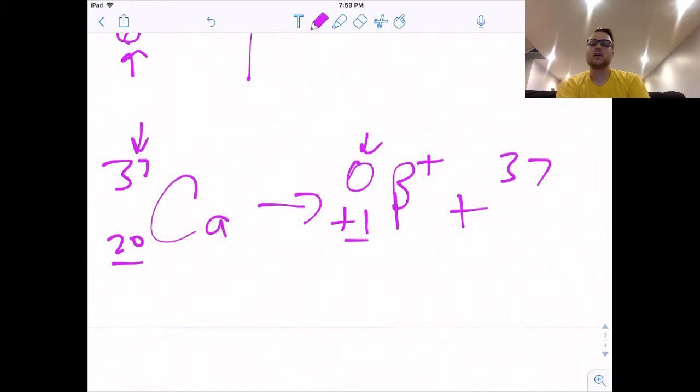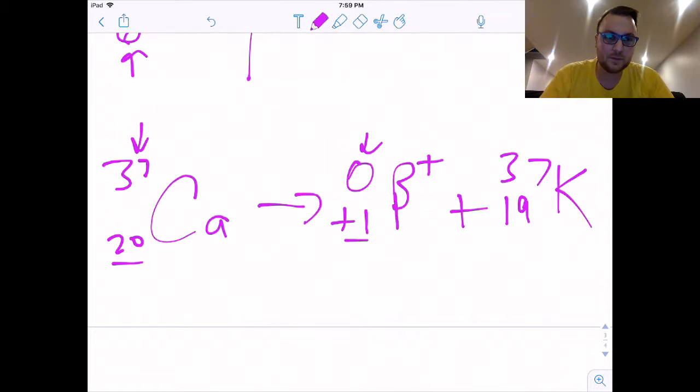What plus 1, excuse me, is 20. 19 plus 1 is 20. Put the atomic symbol for 19. We have potassium, which is K.